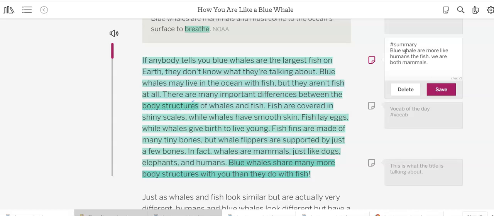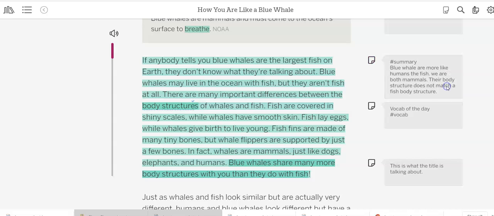Then I'm going to put their bone structure does not match a fish bone structure. Or I should say body structure, right? Because that's our vocab. So let me change that to body structure. We want to try to use our vocab so that we can get used to it. Body structure. Period. And then I'm going to save it.